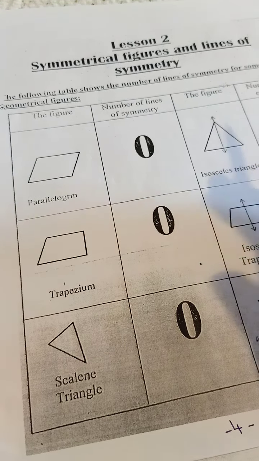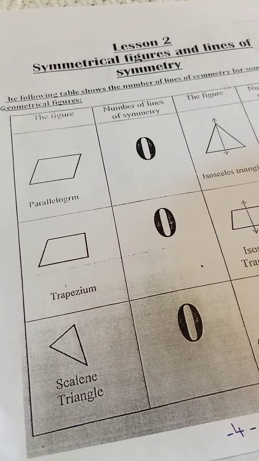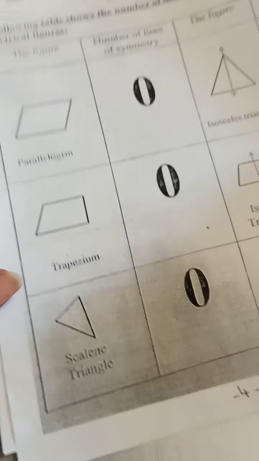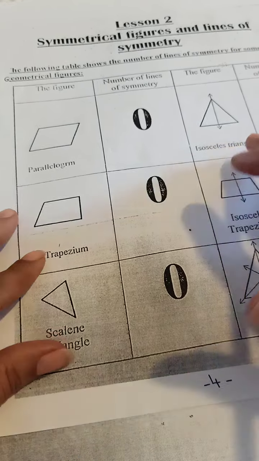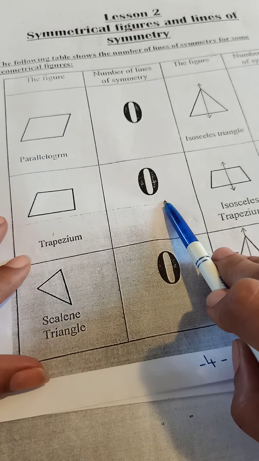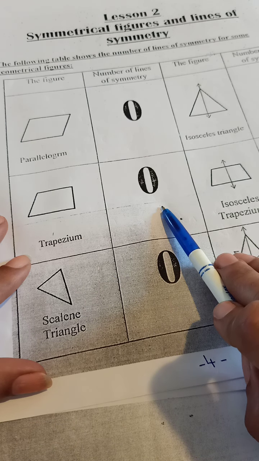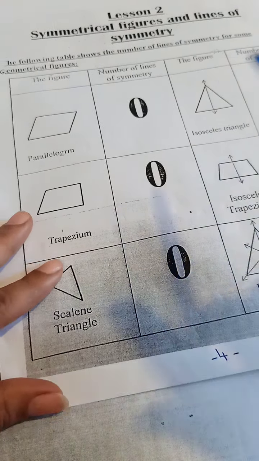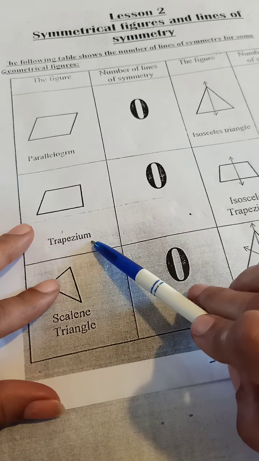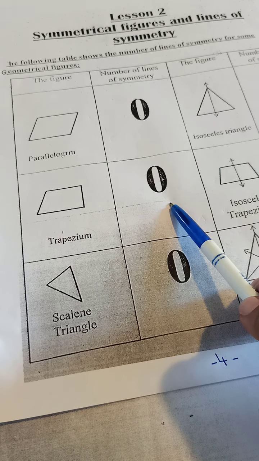We can't get two congruent polygons, or two equal parts, from a line of symmetry of a parallelogram. Number two, sorry, the trapezium. The trapezium also has 0 lines of symmetry. If it is just a trapezium, without isosceles or scalene, we consider it a scalene trapezium, so it has 0 lines of symmetry.